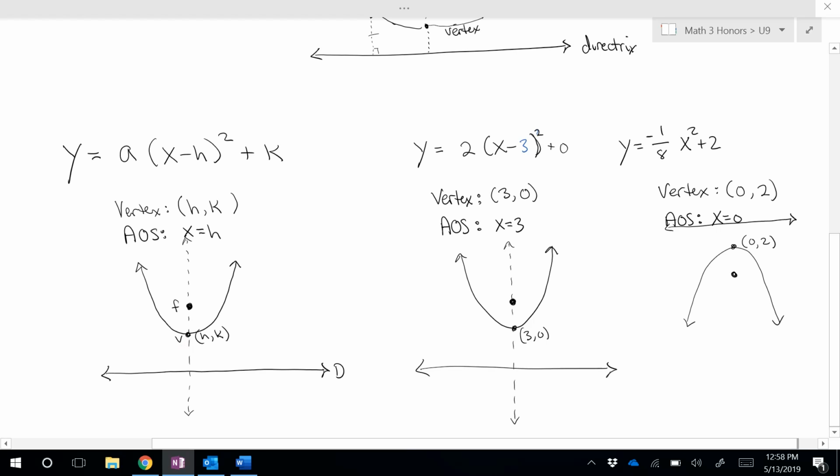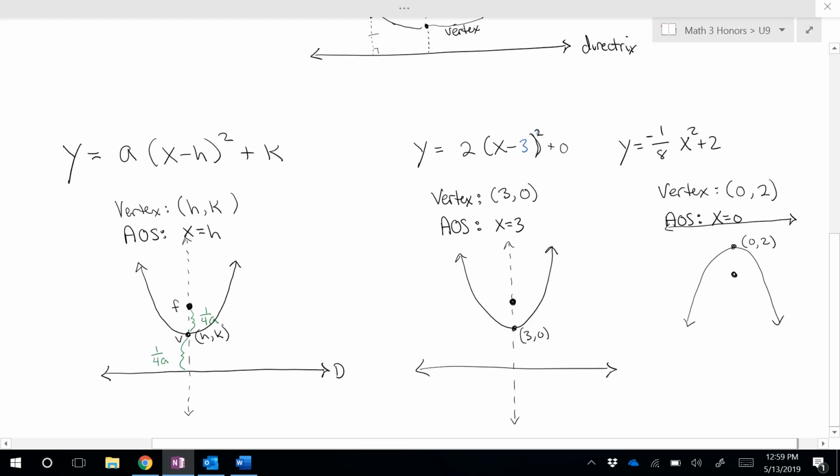That distance from the vertex to the directrix is going to be 1 over 4a, which is the same distance from the focus to the vertex, 1 over 4a. a is the number in front of it, our leading coefficient. Okay? So 1 over 4a is that distance that makes it work, and we'd have to do quite a bit of proving to get there, and we're going to bypass that.